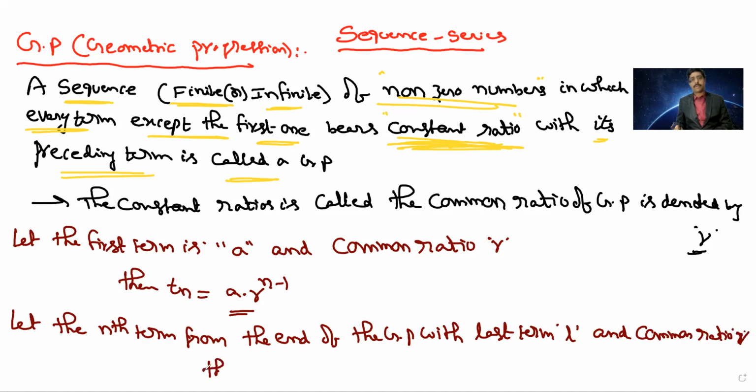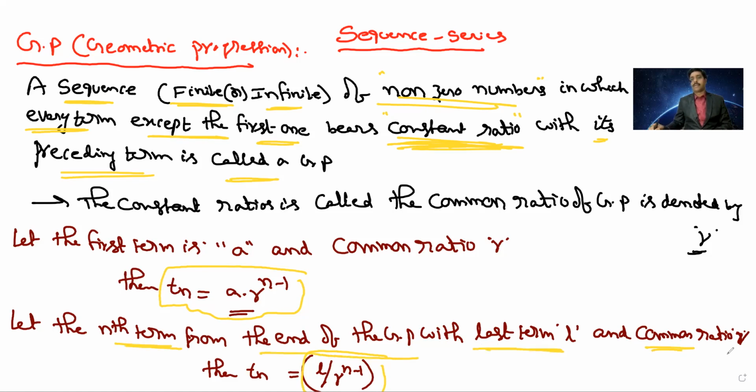Then Tn is equal to L by R to the power n minus 1. This is the nth term formula from the end, whereas Tn is equal to A into R power n minus 1 is the nth term from the beginning.